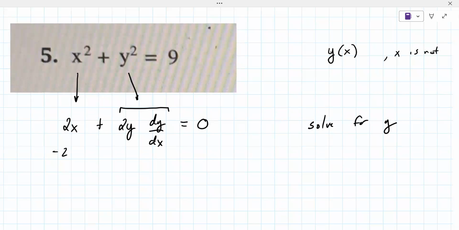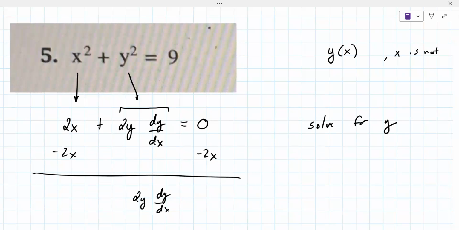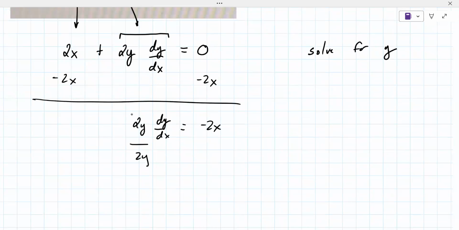So this is now algebra. There's no calculus left. You subtract 2x, 2y dy dx equals -2x, and then you divide by 2y. Minus x over y, like that.